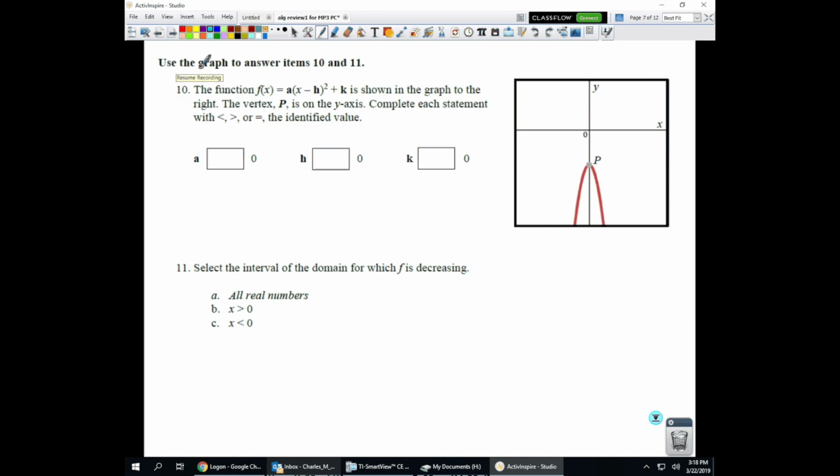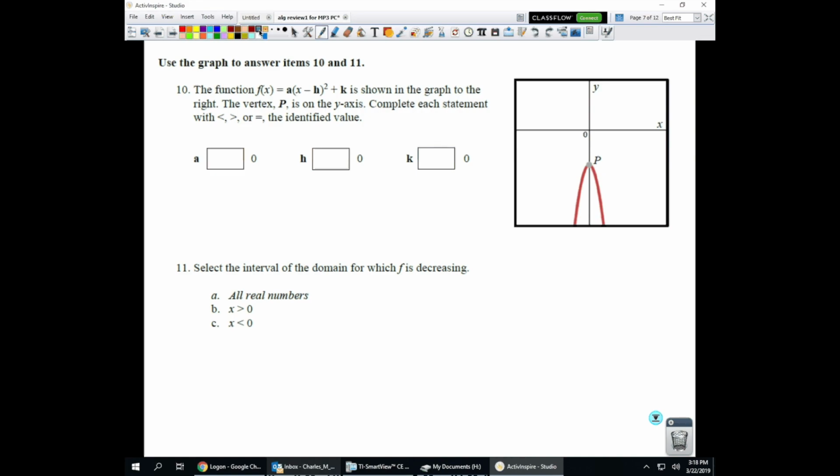All right, so for number 10, here we have a graph, but with no specific point values to know exactly where it was translated or how much it was dilated. So all we can do is compare each of the parameters A, H, and K to 0.